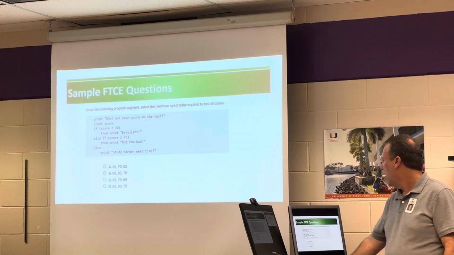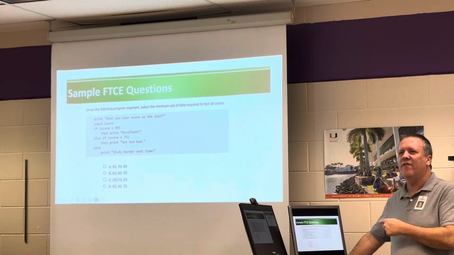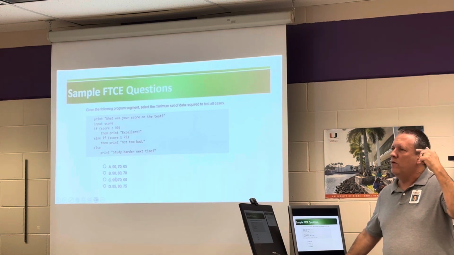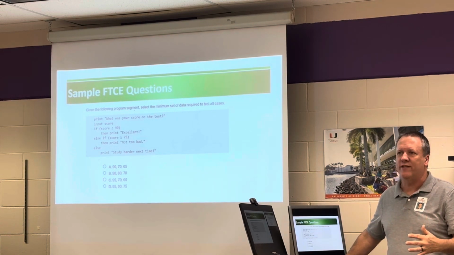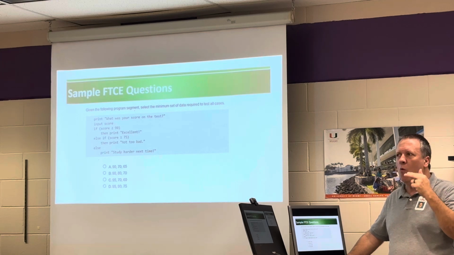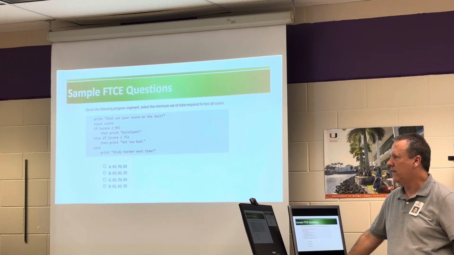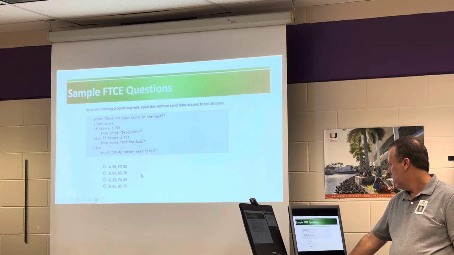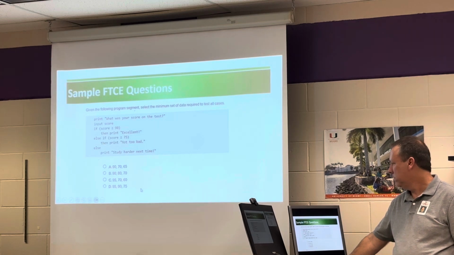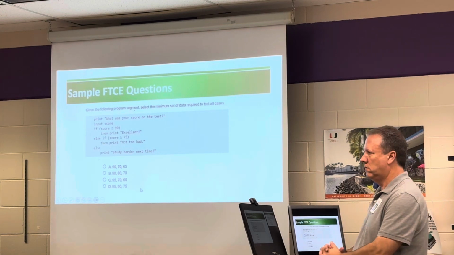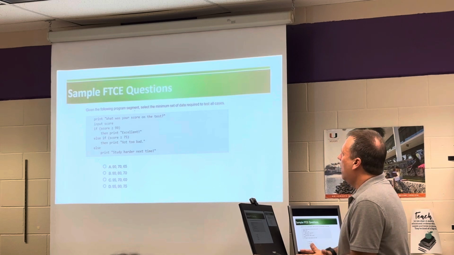Yeah, cool. All right, so there were a lot of these on what numbers would test all your different branches, and as long as you know what makes them true, you could get a set of data that would test that. Because I'm a super literal minded individual, when it says select the minimum set of data, it is not asking for the minimum numbers that would fit that, it's asking for a set that would fit.